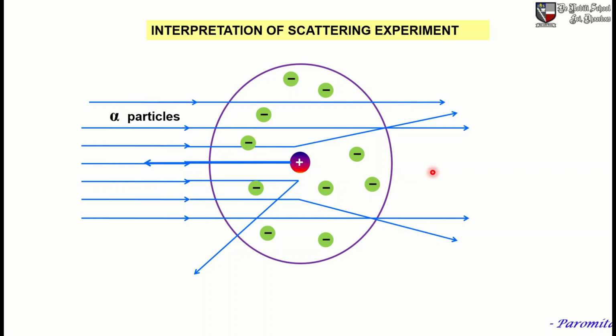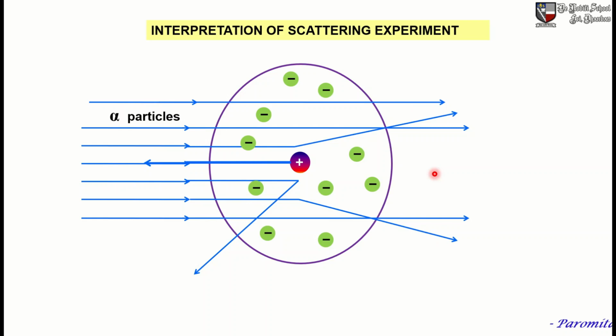Rutherford further stated that the electrons present in the extranuclear portion did not offer any obstruction to the alpha particles, and therefore most of them could pass through undeflected.